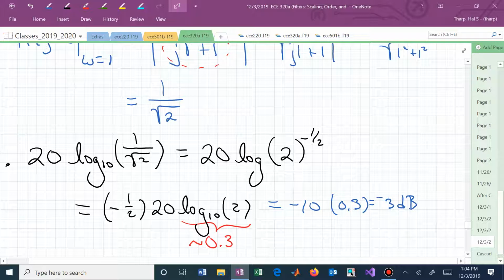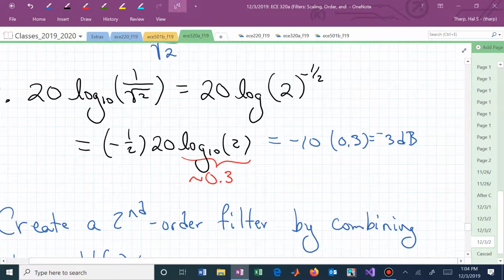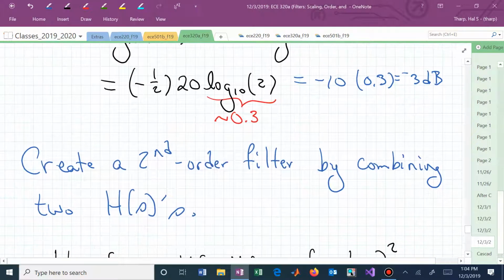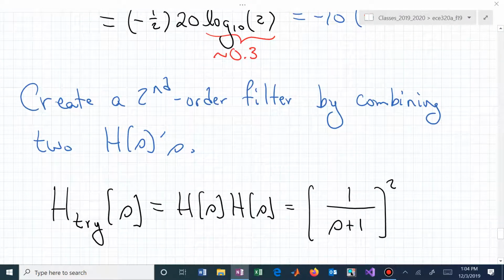So now we have a minus 3 dB decrease in magnitude at the cutoff with a first order low pass normalized filter. What happens now if we say, well, that's a first order, I want more filtering. Let me create a second order by just cascading 2 of those transfer functions together.